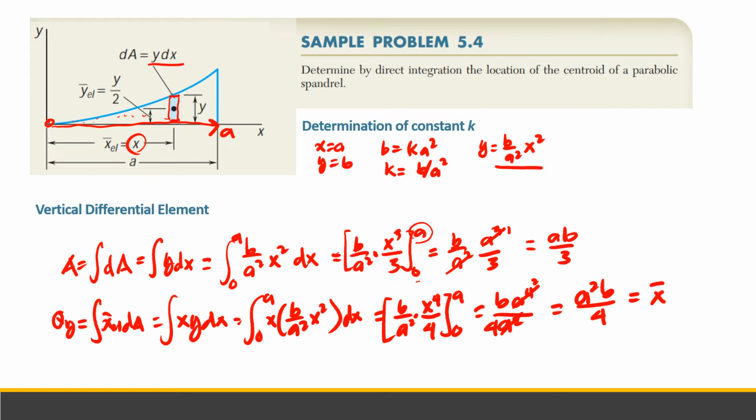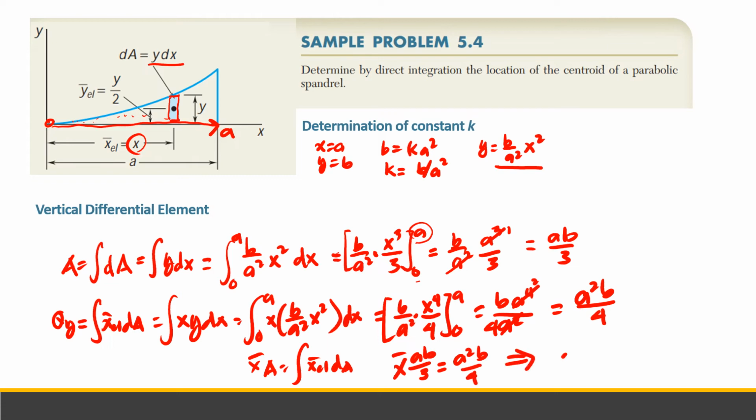Hindi pa pala. Okay, so yung first moment with respect to y is a squared b over 4. So first moment with respect to y is x bar times area is equals to the integral of x el dA. So magiging x bar times area, which is ab over 3, is equals to a squared b over 4.